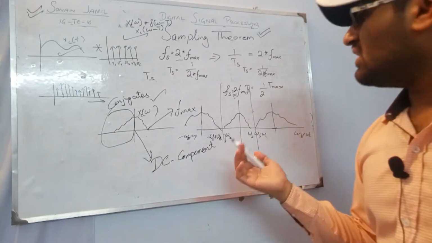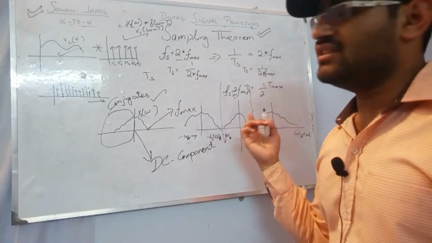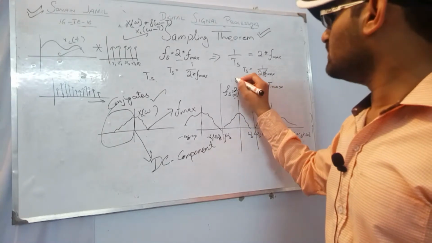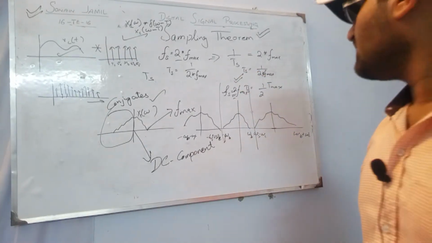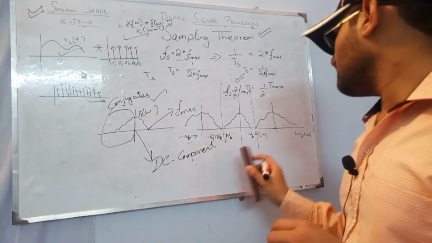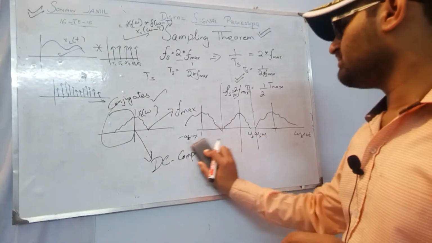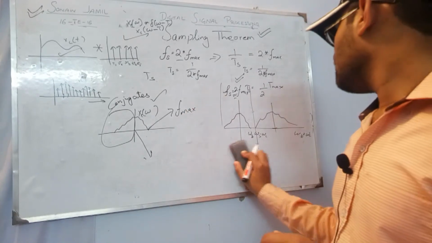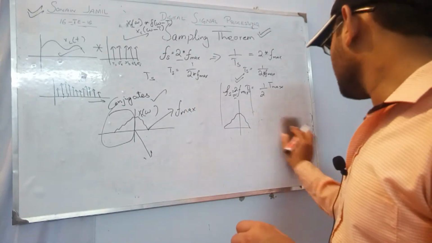So what happens if we don't follow this theorem, or we have a sampling frequency less than the maximum frequency in the signal?